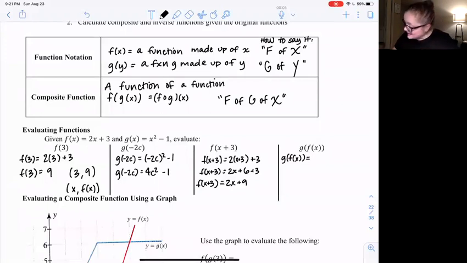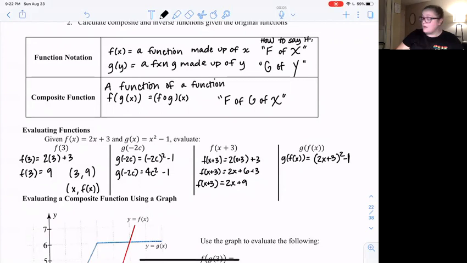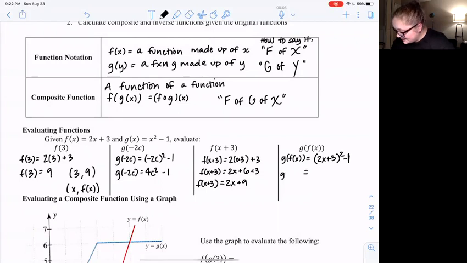So what that looks like is we're going to plug in 2x plus 3, aka f of x, into the x spot of g. So now we have g of f of x is equal to 2x plus 3 squared minus 1. Now we're just going to simplify and evaluate.